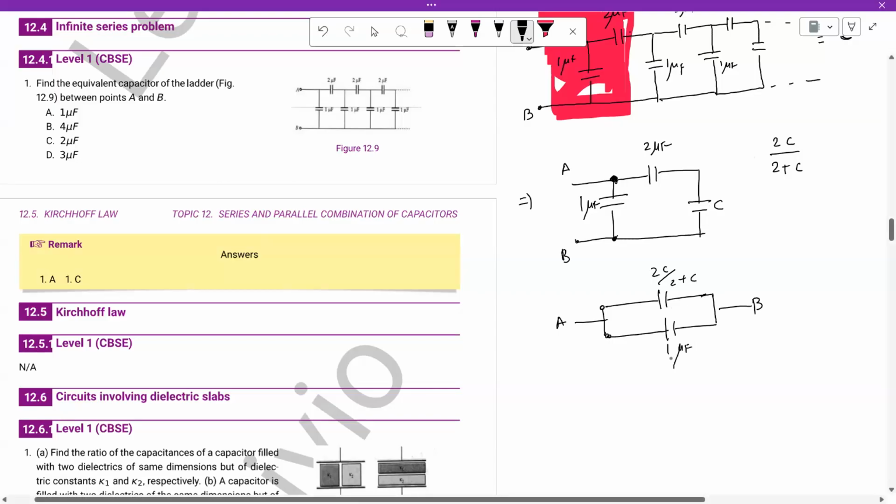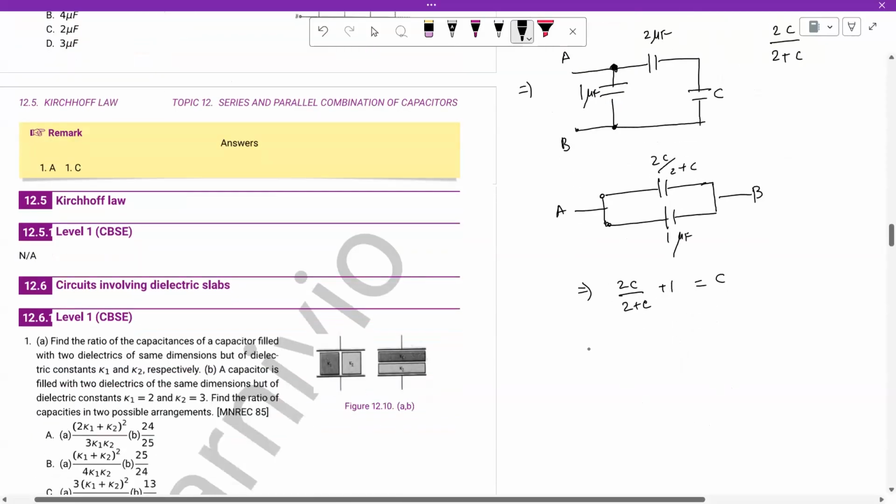Now these are in parallel, so we can write 2C by 2 plus C plus 1, and that would be equal to what? What is the equivalent capacitance that we have assumed? C. So this is the equivalent capacitance.